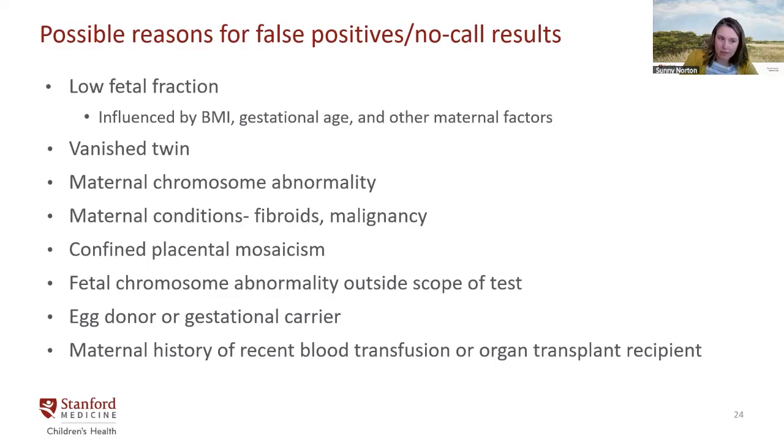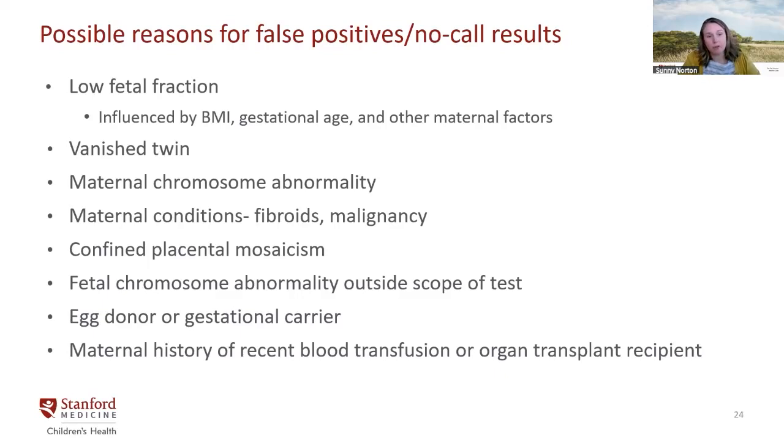Confined placental mosaicism, which I mentioned briefly before, where there are chromosome anomalies in the placenta but not the fetus, is one cause of a false positive result. Fetal chromosome anomaly outside the scope of the test: some labs will say that there was an atypical finding. Maybe they're seeing a chromosome problem on another chromosome or a deletion that is not within the scope of the test, but they still provide some information about it.